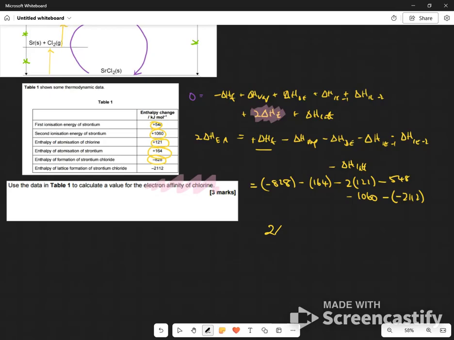So 2 electron affinities is minus 730. Therefore, one electron affinity must be this divided by 2, which is 365 kilojoules per mole. And that is the answer.